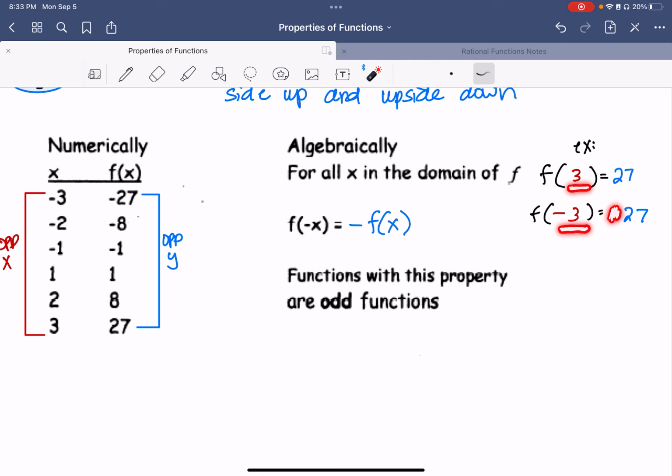But when we put a negative 3, we got a negative y value. So f of negative x is equal to f of x, but with a negative in the front. So this became 27 versus negative 27. It's the same thing, just with a negative in the front. And when that happens, that will be an odd function.